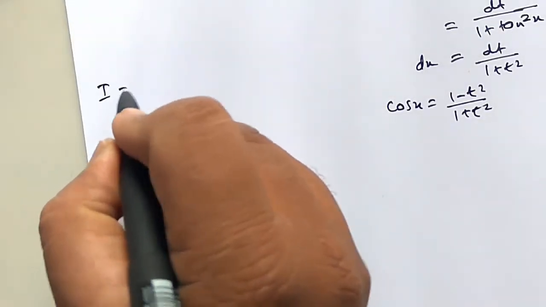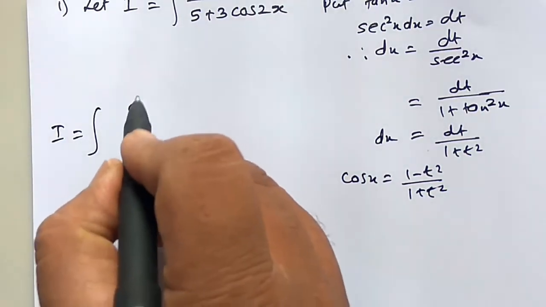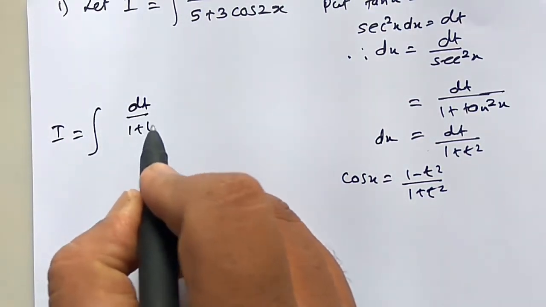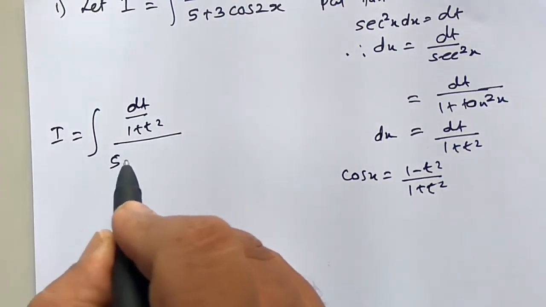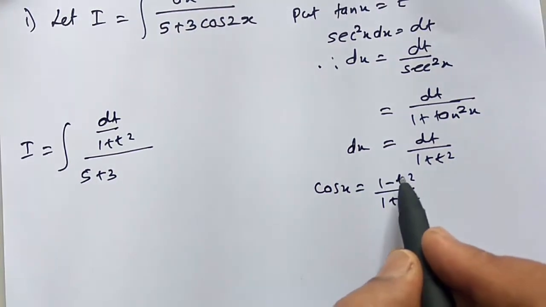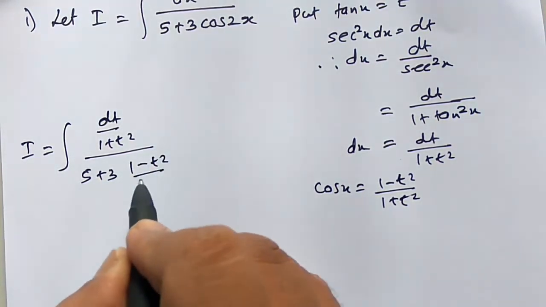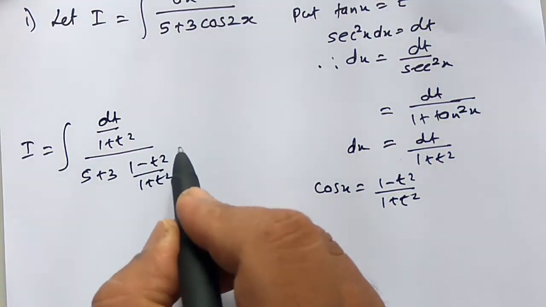Therefore, the given integration dx is replaced by dt upon 1 plus t square, upon 5 plus 3 into cos of 2x replaced by 1 minus t square upon 1 plus t square.